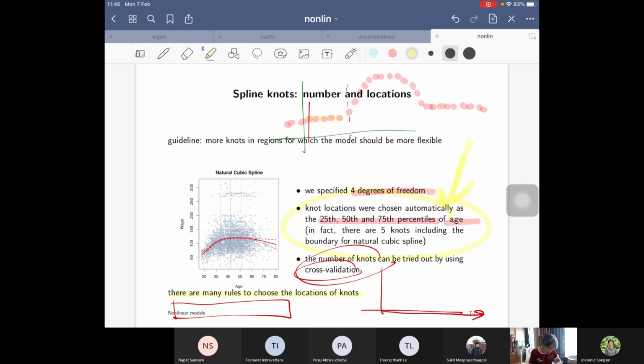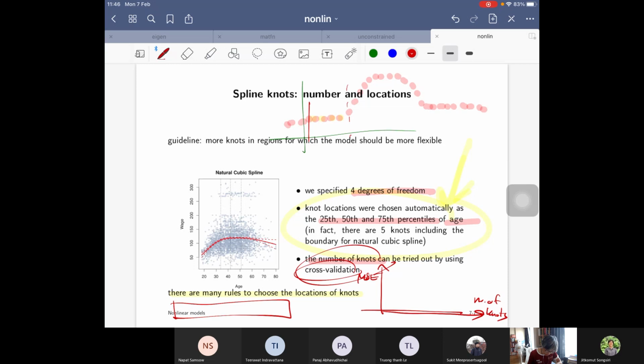In this context, you can vary the number of knots, and then observe the model quality, for example with MSE.